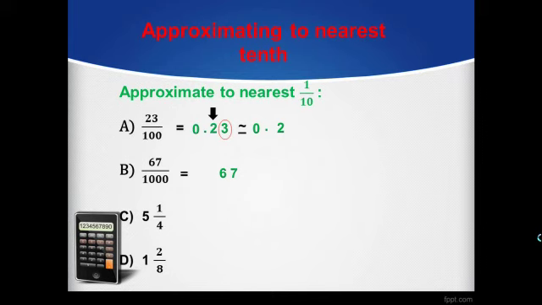So we will count 3 steps from right to left. 7 is a step, 6 is a step, then we will put 0 at the third step, then the point and 0. Now we can approximate this number to the nearest 1/10.